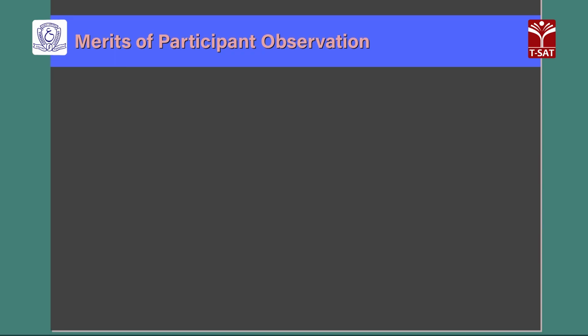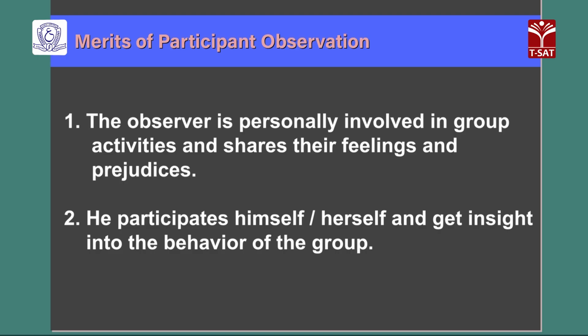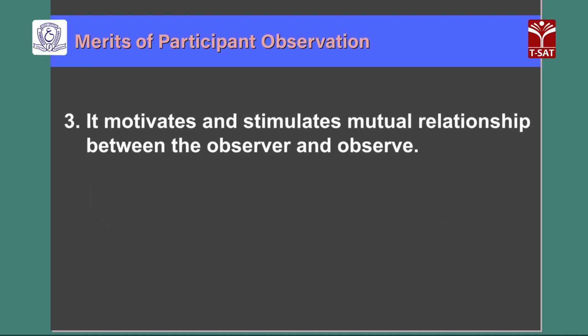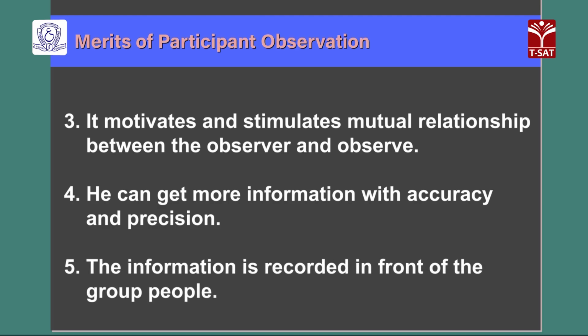But there are certain merits for this method. The observer is personally involved in group activities and shares their feelings and prejudices. He participates himself or herself and gets insight into the behavior of the group. It motivates and stimulates mutual relationship between the observer and observed. He can get more information with accuracy and precision, and the information is recorded in front of the group people.